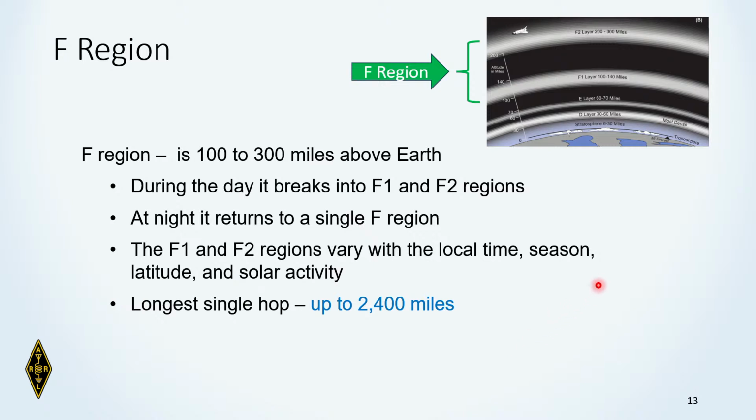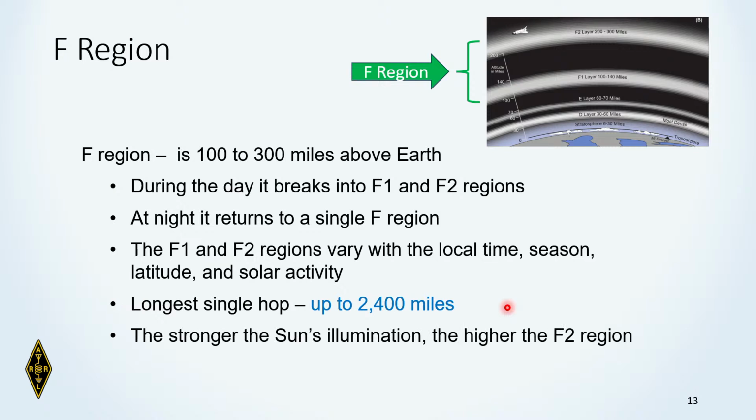It varies with the times and seasons and solar activity, and it's the longest single hop region, up to 2,400 miles. Now the stronger the sun's illumination, the higher the F2 region. So that would imply that at about noon local time, you should have the highest F2 region.